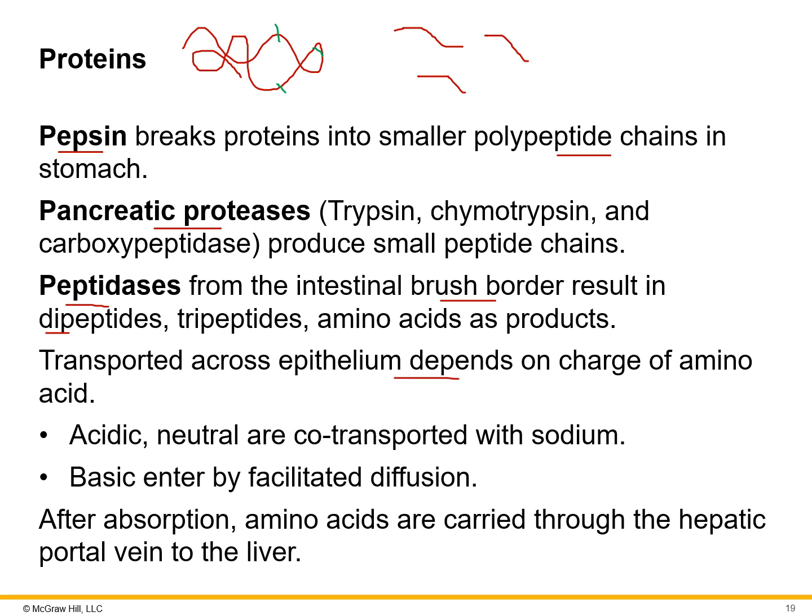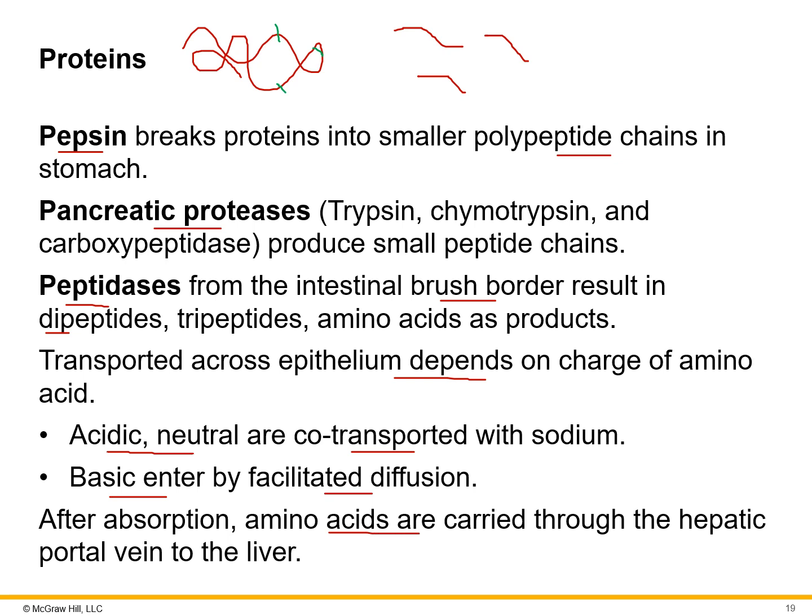And then those get transported into the epithelium depending on the type of amino acid. Some of them are acidic, or the neutral ones can be co-transported with sodium, like we looked at with glucose. The basic ones enter by facilitated diffusion. So there's a transport protein that they can attach to bring them in, so energy isn't needed for them.